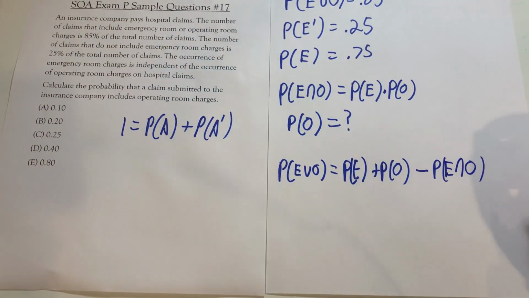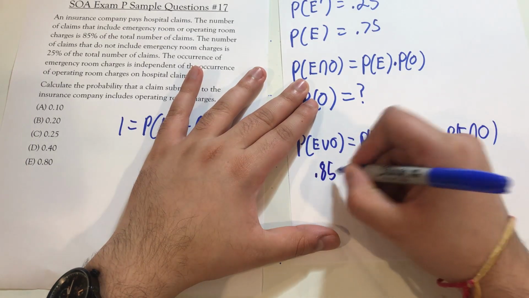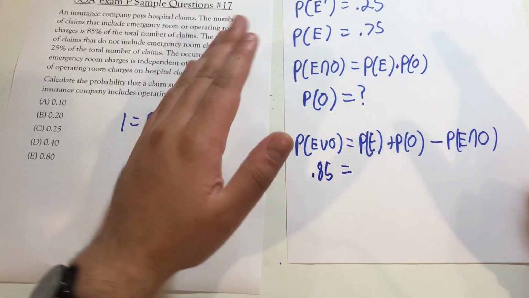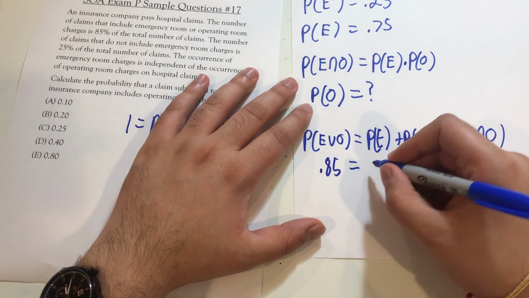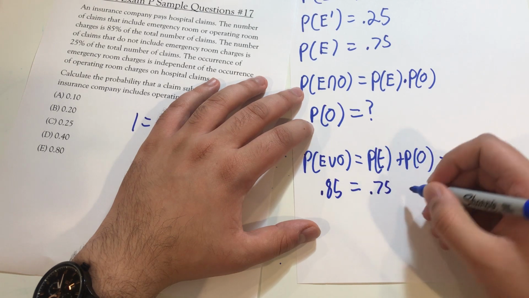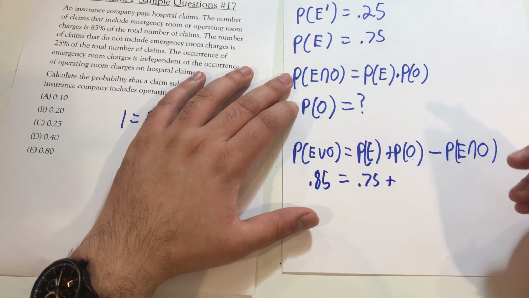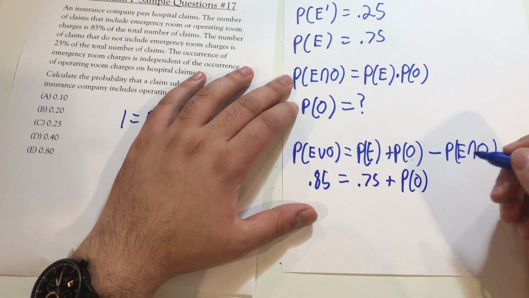Now I can start plugging in values that I have. I know this is 0.85. Honestly, at this point, the probability part's done. Now it's algebra. So 0.85 is equal to 0.75 plus the probability of operating room charges, which is what we're looking for. It would be weird if we already had that.